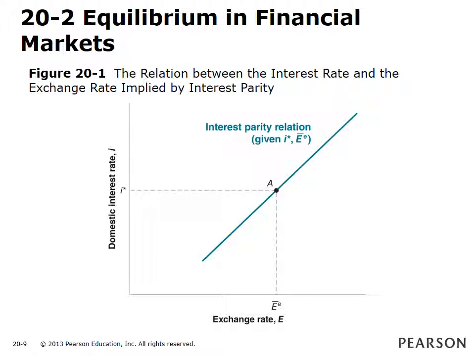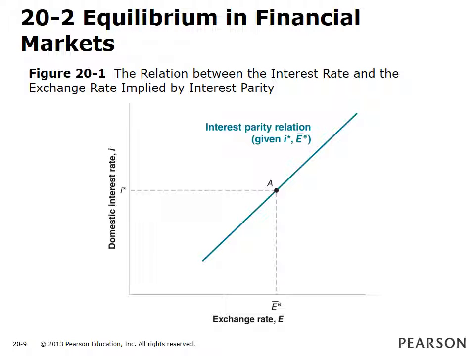Figure 20-1 shows the relation between the interest rate and the exchange rate implied by interest parity. A higher domestic interest rate leads to a higher exchange rate and appreciation, given I star and the expected exchange rate. The interest parity IP relation curve is upward sloping.